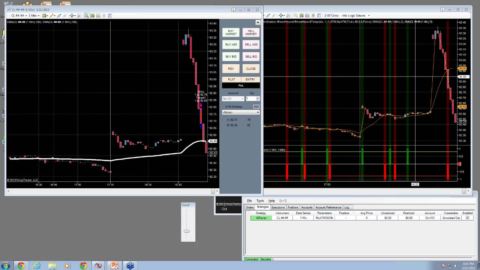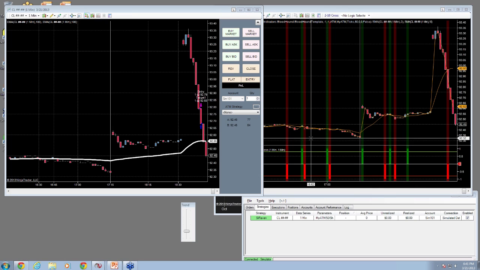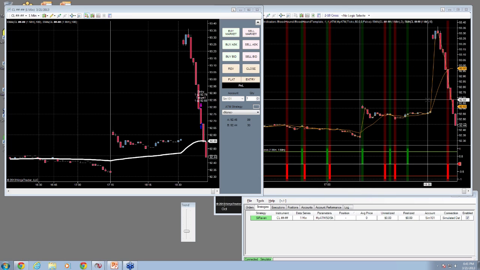Most of them do, but the indicator has to be designed with basically a plot. You see these lines here. If they have a plot or a data series that they expose, BloodHound will pick up and read it. But if it's just one of those indicators that only paints the chart and doesn't share its own data with anybody, then not only can it not be read by BloodHound, it can't be read by anything really.